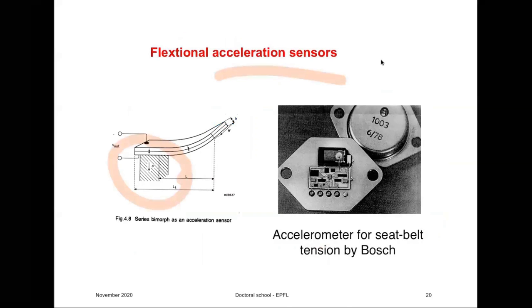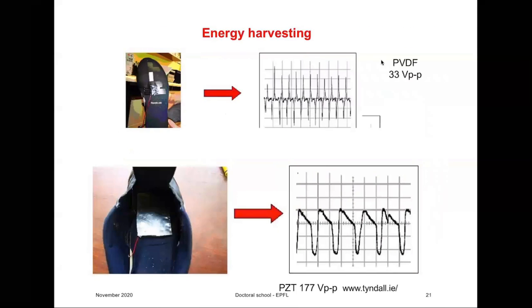You fix a proof mass, a seismic mass, on one end of a bimorph. You move it, it will bend through the inertia and give you voltage or charge, which you can use as an accelerometer, for example, for seat belts in cars.